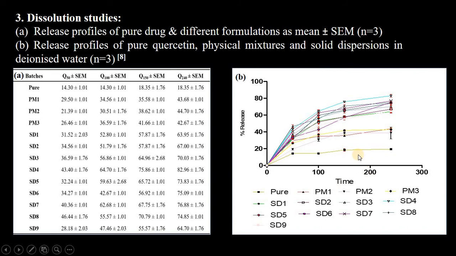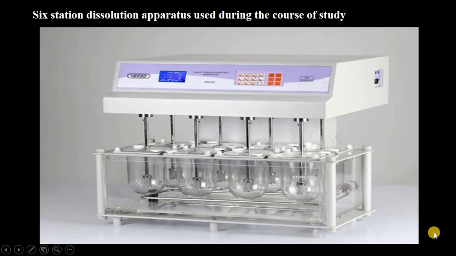And the same you can see in this graph also, that SD4 formulation shows the highest percentage of drug release. This is the 6-station dissolution apparatus that was used during the course of study.